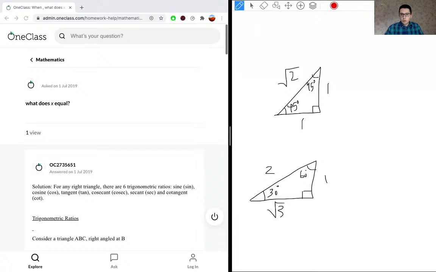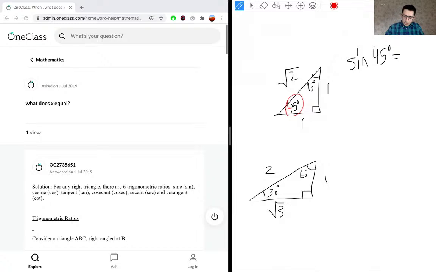We can see how SOHCAHTOA might come in handy here. Let's say we're looking at this angle. If you wanted to say what is sine 45 degrees, we know it's opposite over hypotenuse.